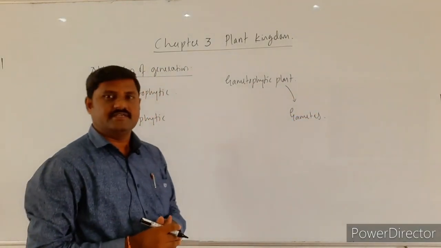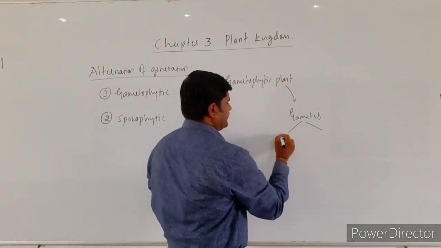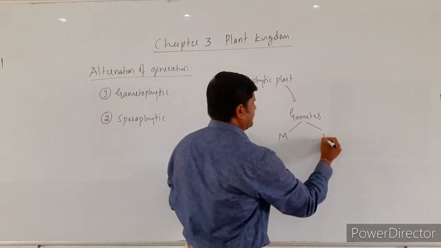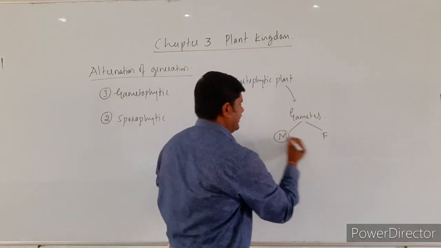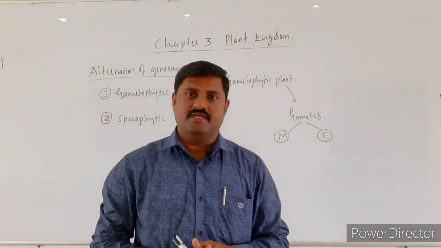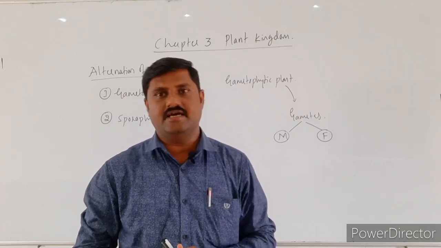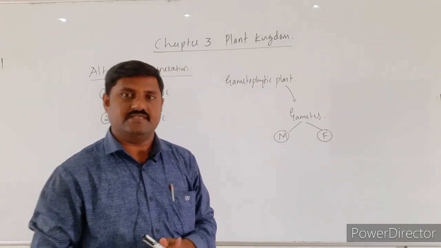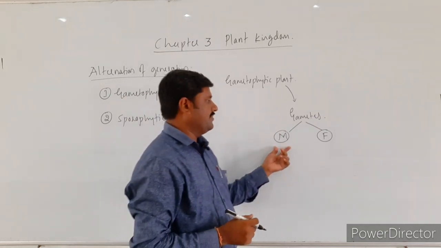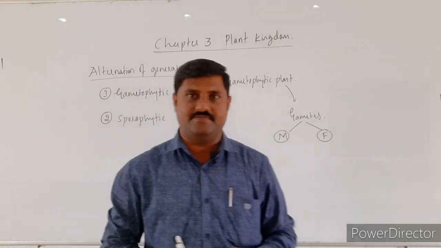The male sex organ produces the male gamete and the female sex organ produces the female gamete. The male sex organ in these plants is the antheridium, and the female sex organ is the archegonium. They respectively produce the male gamete as well as the female gamete. In the diagram we have seen that one.